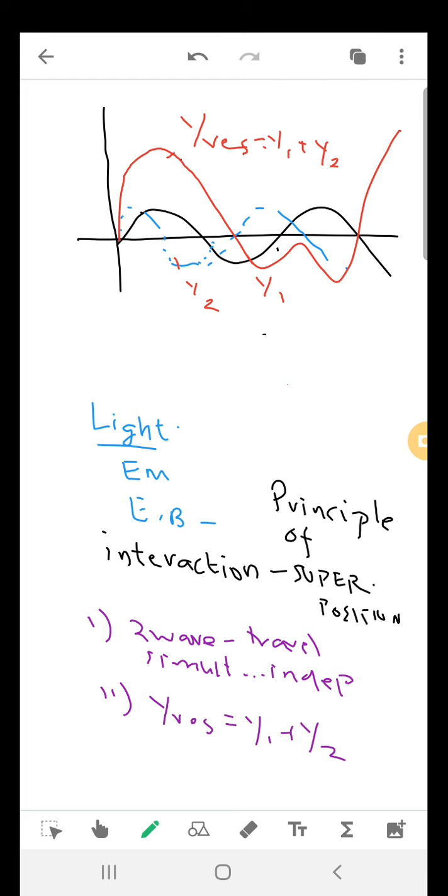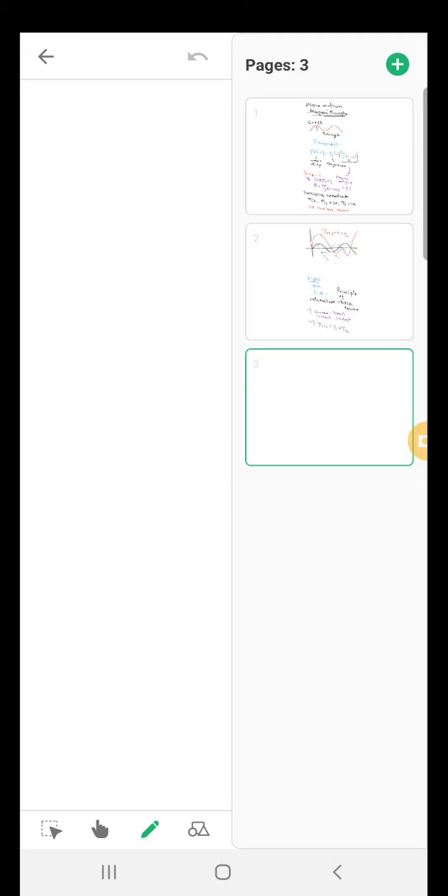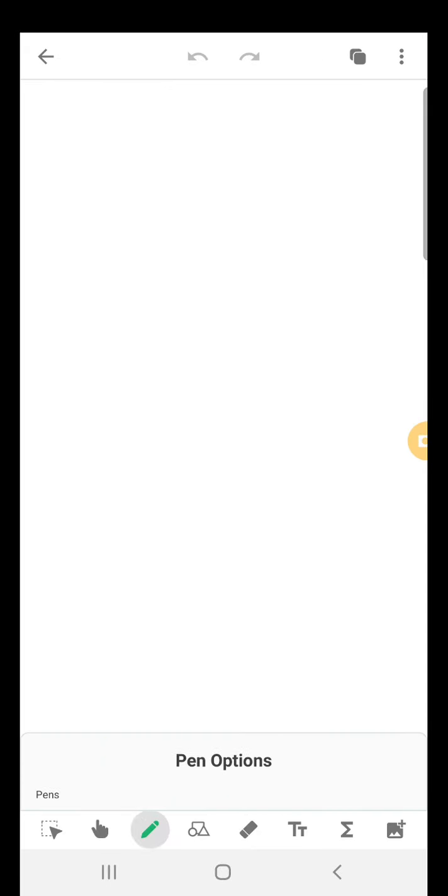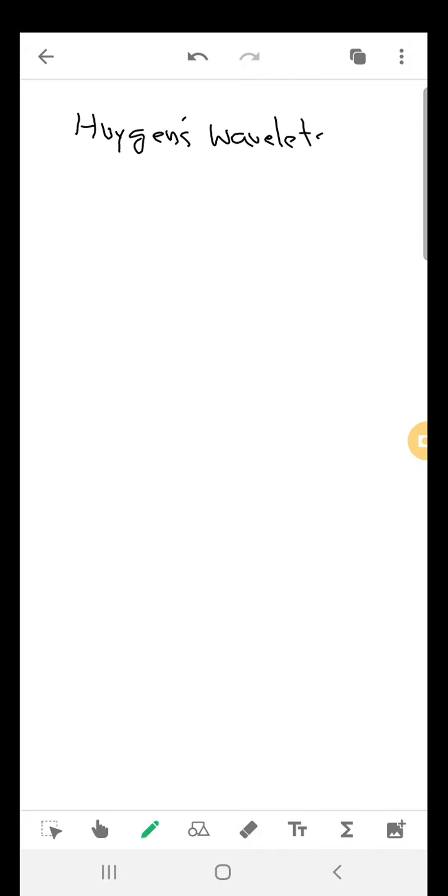Now coming to Huygens principle, or we can call it Huygens wavelets.